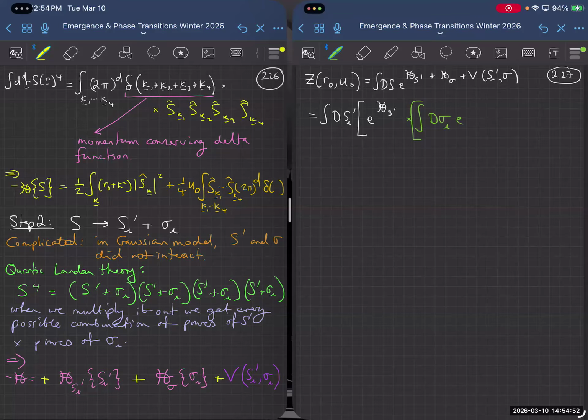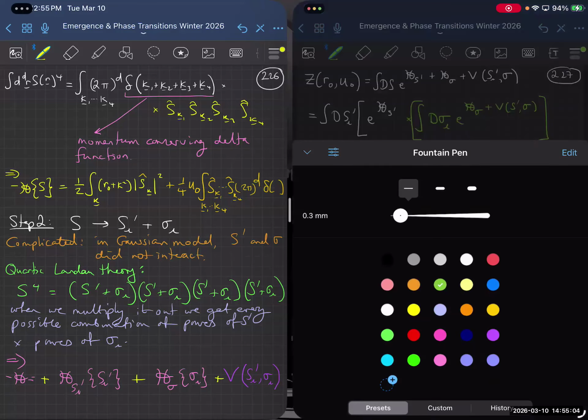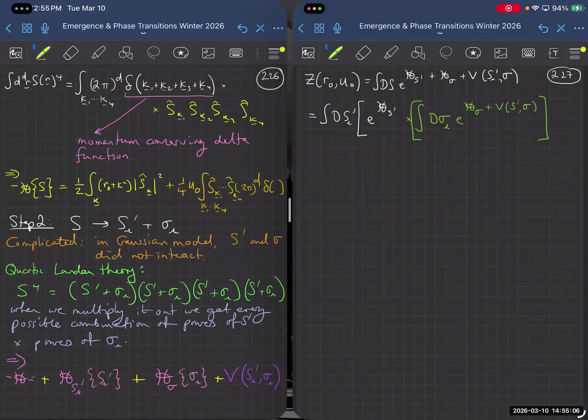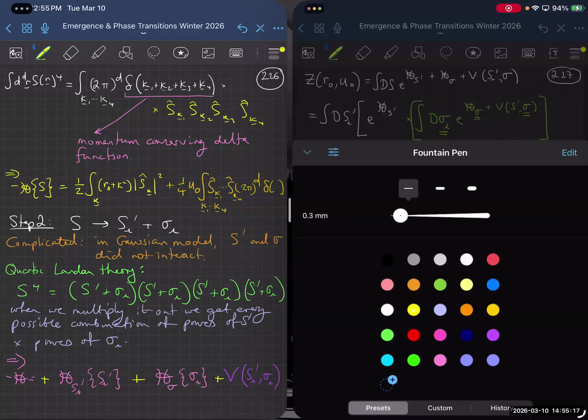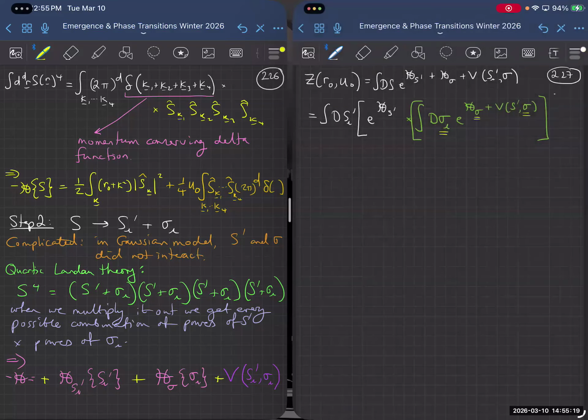And they are e to the h sigma plus v of s prime and sigma. Because if I'm looking at this as this variable, that's the dummy variable, it definitely occurs in here, but it also occurs in the interaction with the long wavelength degrees of freedom. So when I do this functional integral, let me close this thing here.